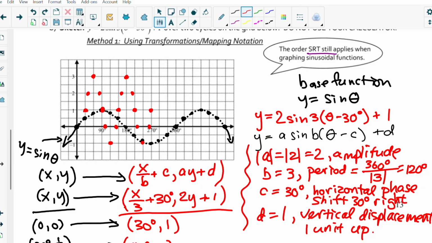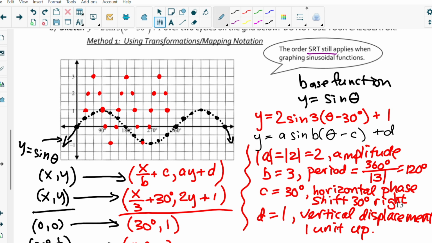Okay, let's go a little bit more than 2 cycles here. Okay, I think that's enough.